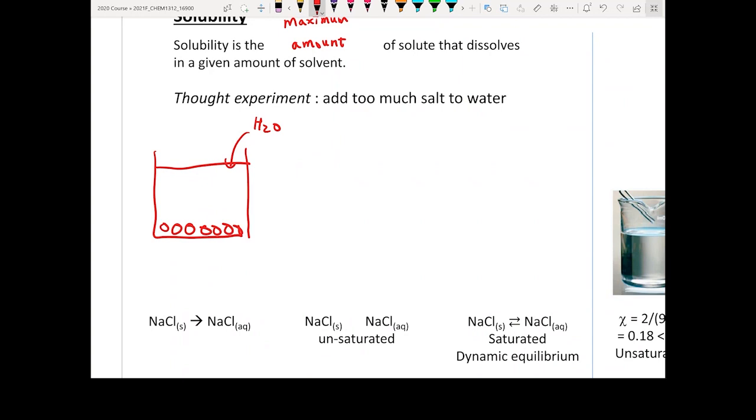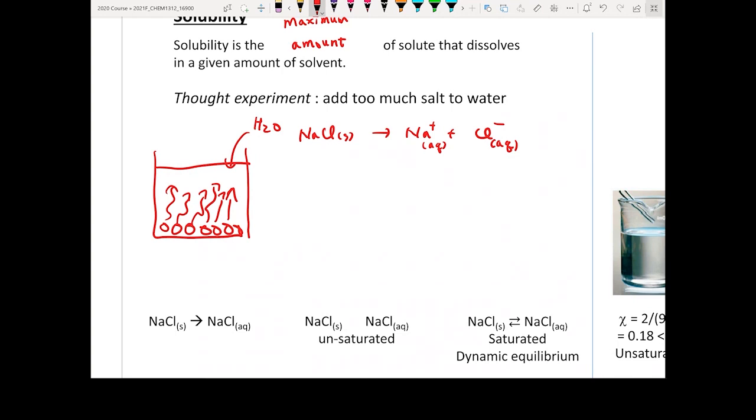You throw it in, and you will see it go down to the bottom of the beaker. Then when you stir, it starts to disappear, because the sodium chloride salt becomes Na+ and Cl-, and they mix well with your water molecules and become invisible.